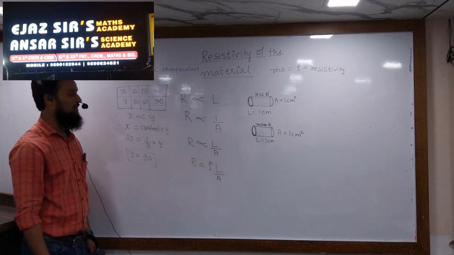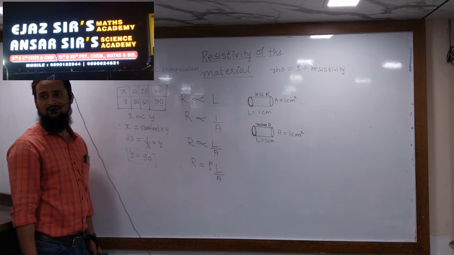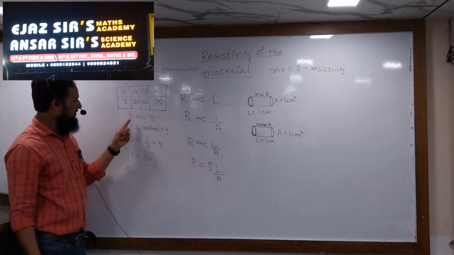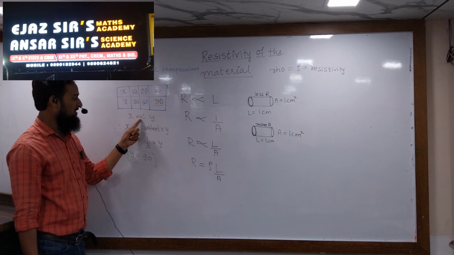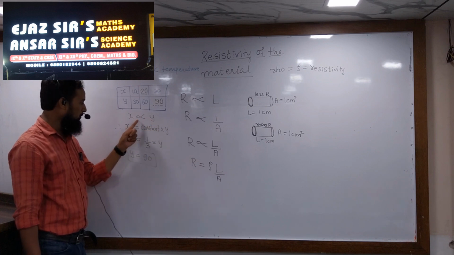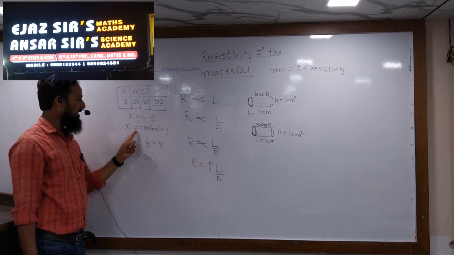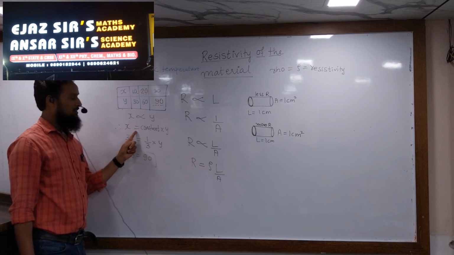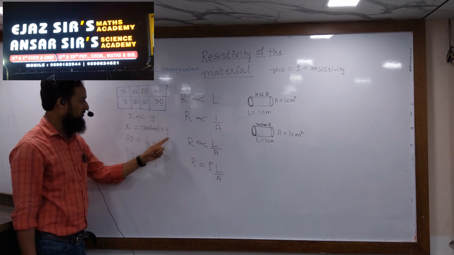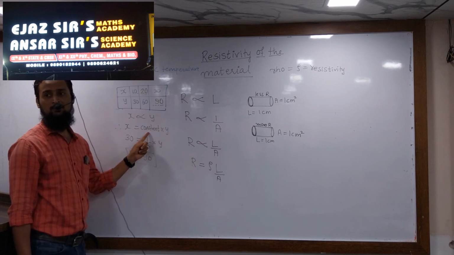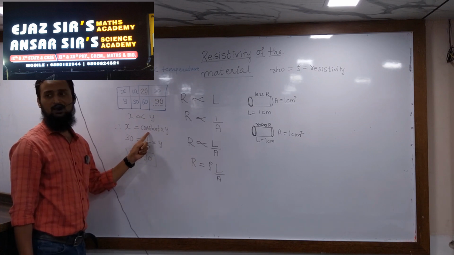And this way we used to earn 2 marks. So this tells us whenever you remove this proportionality sign and bring an equal to sign, you have to multiply the right hand side with some constant value. Fixed value. Understood?